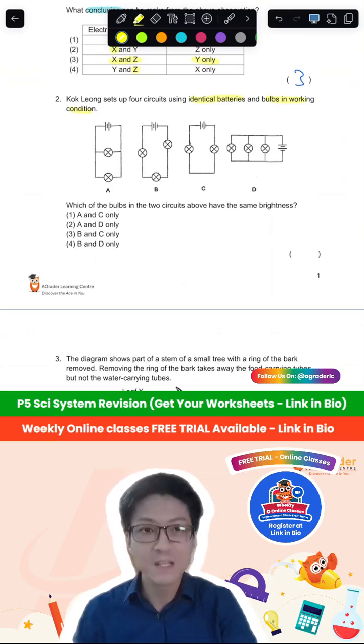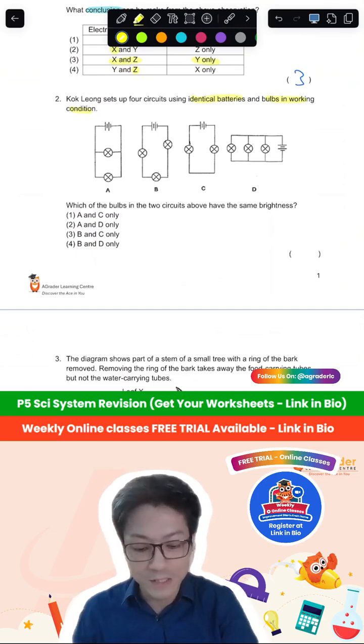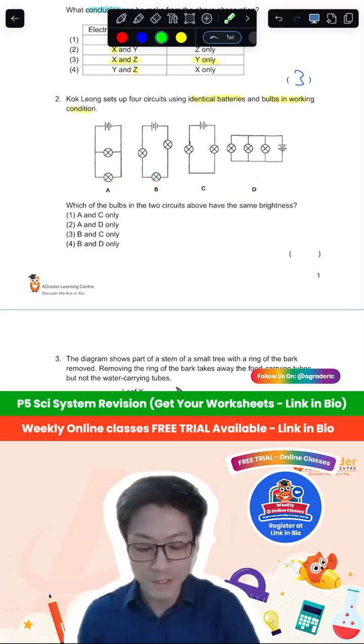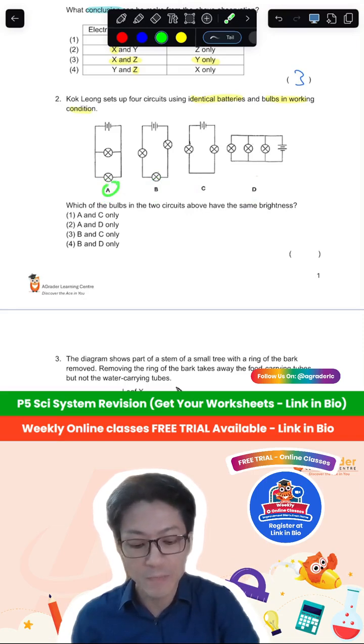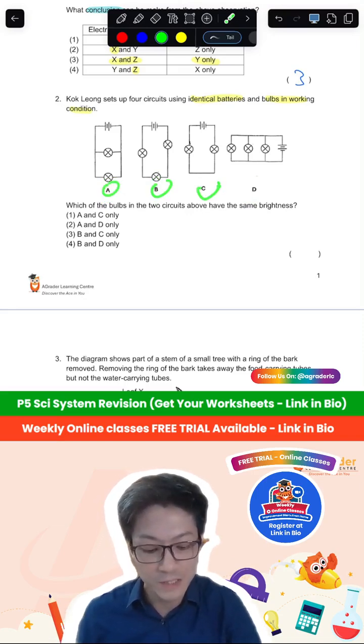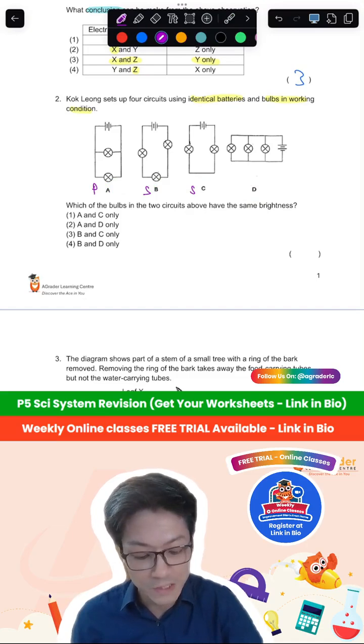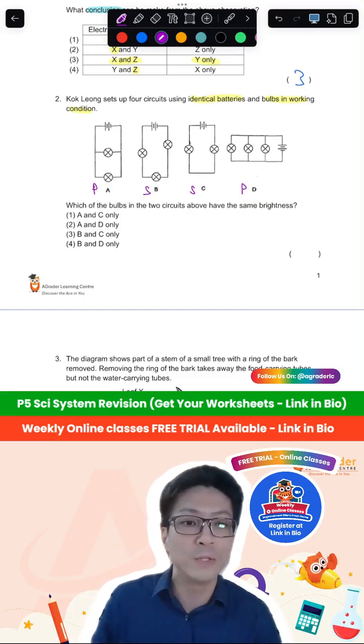All right. So, okay, let's take a look at these four circuit A, B, C, D. Right, they are connected in different arrangement. We can see A is connected in parallel, right? B is in series. D is in parallel. Okay, so I'm gonna write a P for parallel, S for series, right? At least you can know the arrangement.